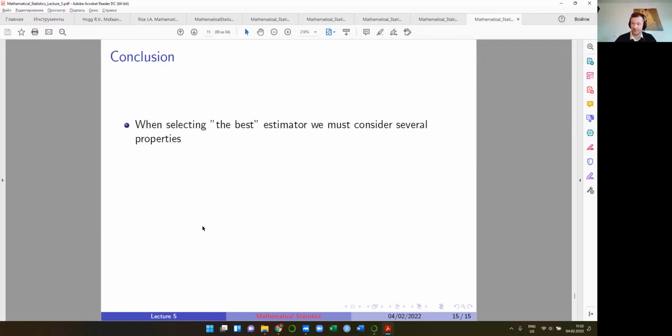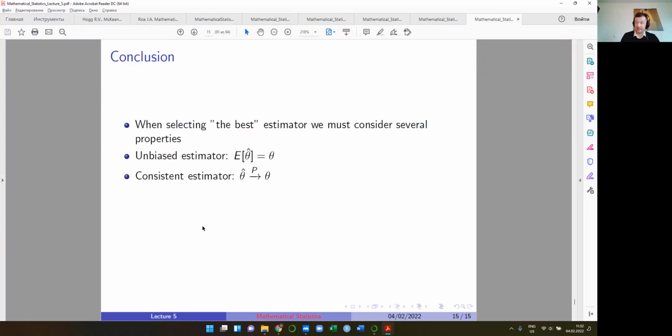What do we know now regarding our blind search for the unknown parameter? We must consider several properties when we establish the rules for how we should act in this search. First of all, our estimator must be unbiased, which means what we expect coincides with what we are looking for.